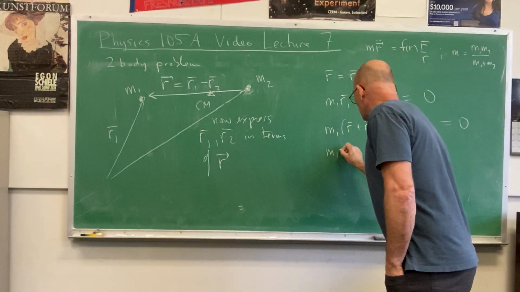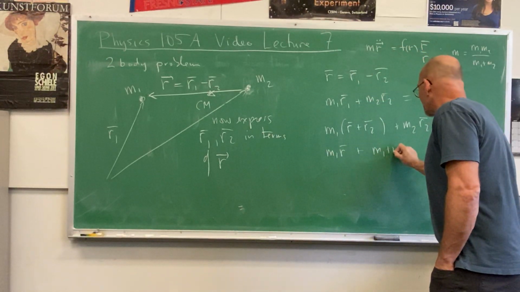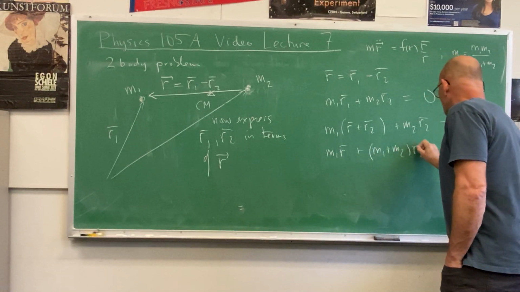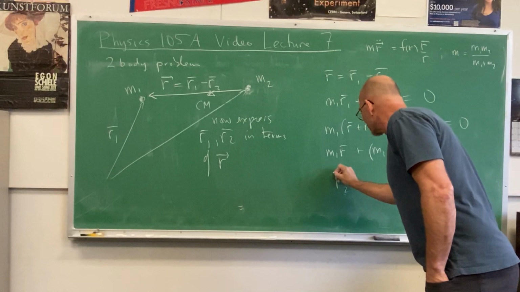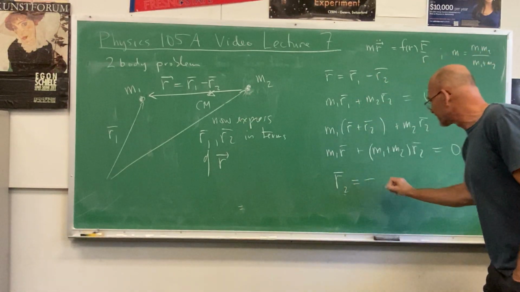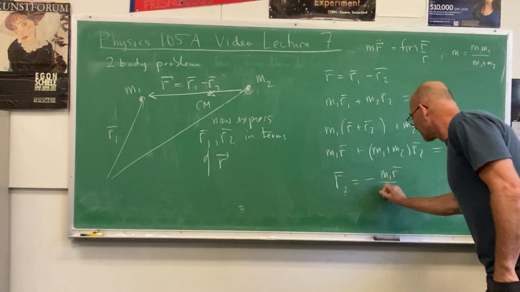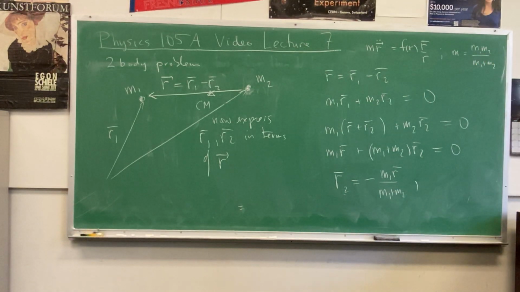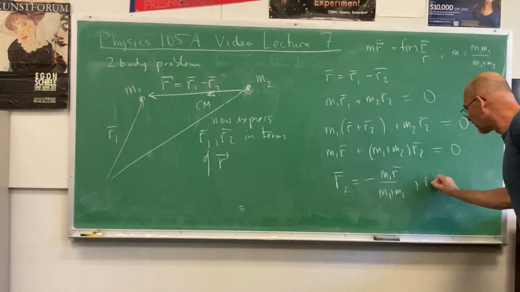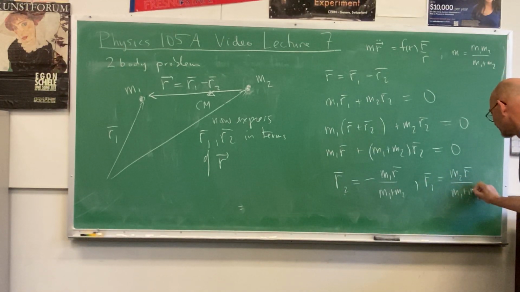Then I have M1 R plus M1 plus M2 times R2 is equal to 0. And now you see I have R sub 2 is equal to minus M1 R over M1 plus M2. And if you do the algebra, you'll see that R1 is equal to M2 R over M1 plus M2.